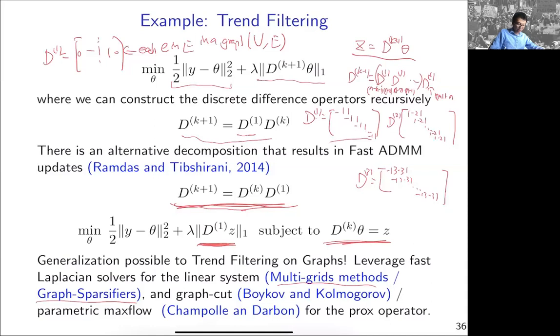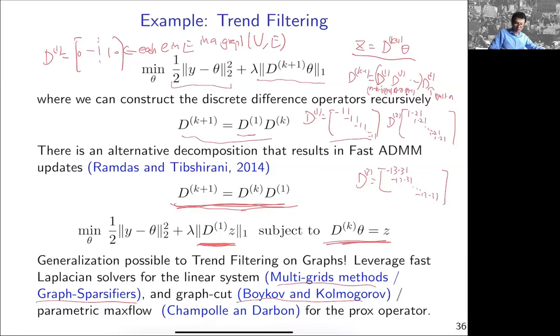For the corresponding prox operator, you can use algorithms such as graph cut by Boykov and Kolmogorov, and also parametric max flow, to solve those problems exactly with practically very fast computation.